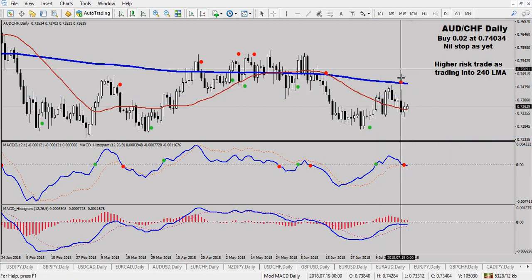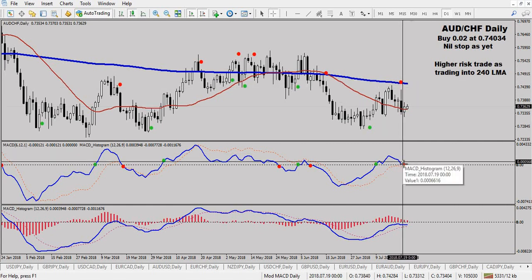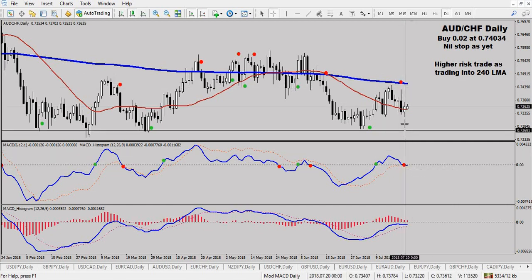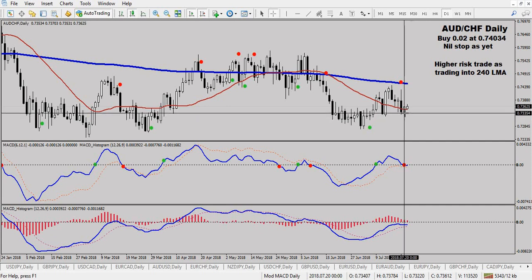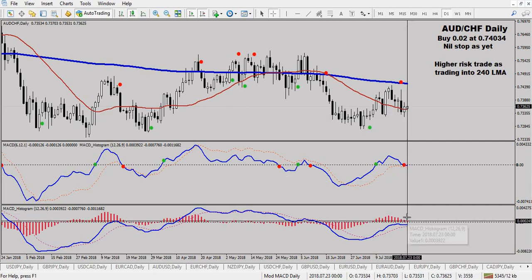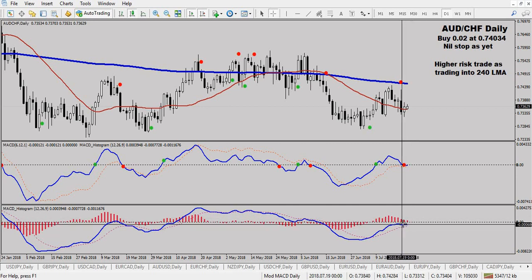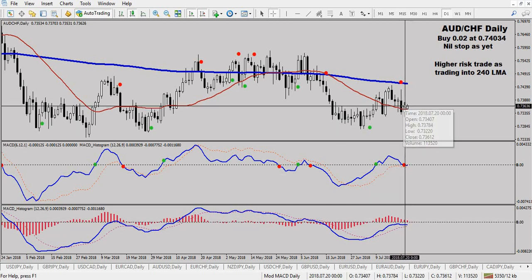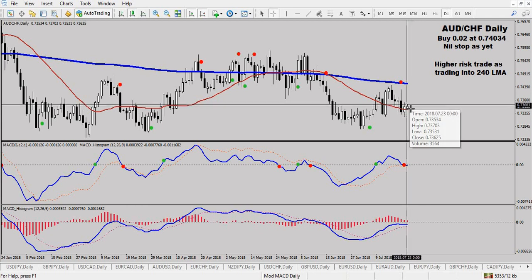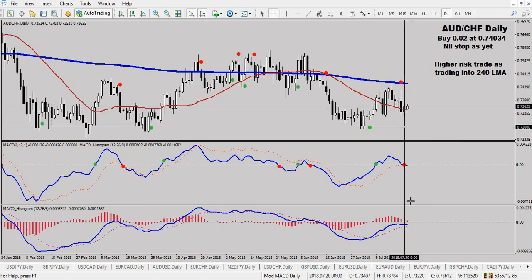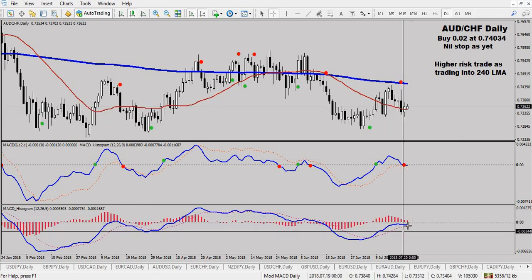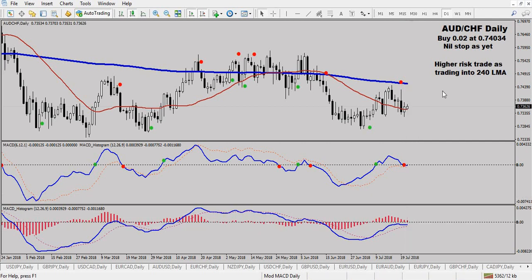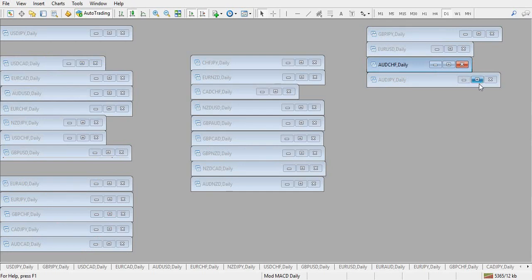The reason I didn't take the sell, even though there's a red QMP dot and a confirmed cross in the fast MACD, is that we didn't close below the 25 SMA, nor is the standard MACD in sell mode. One of them would have had to happen. So there's not enough criteria met for me to take that sell as yet. This could just roll up and go to another buy, which I would then have to take. But at the moment, I'm out of that buy trade.